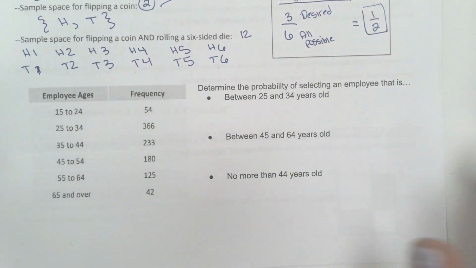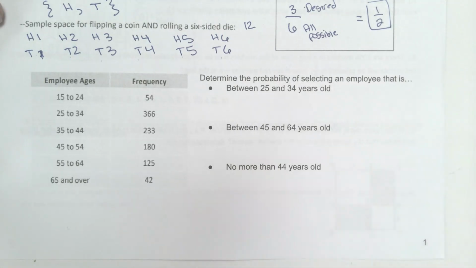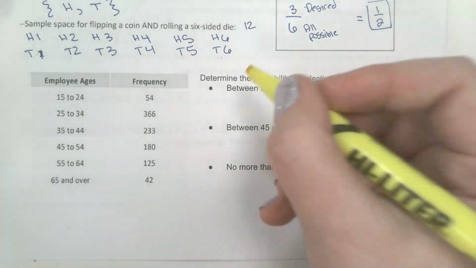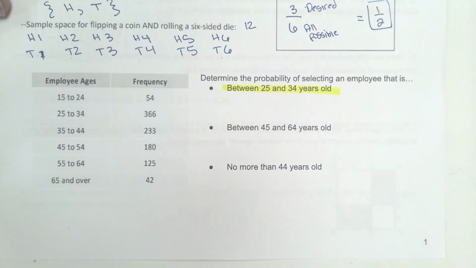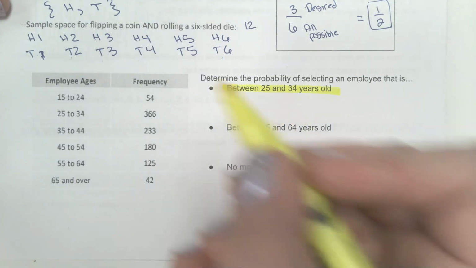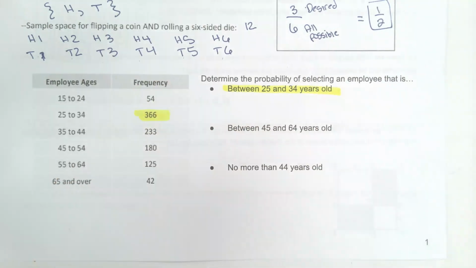Sometimes you're given a table of values. So this says determine the probability of selecting an employee that is between 25 and 34. Okay, 25 to 34 is what we want. So we have 366 people that are between that.